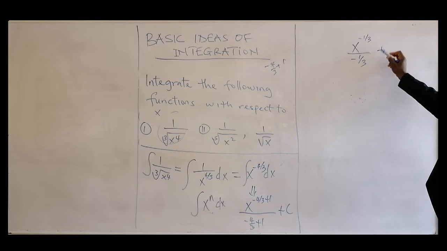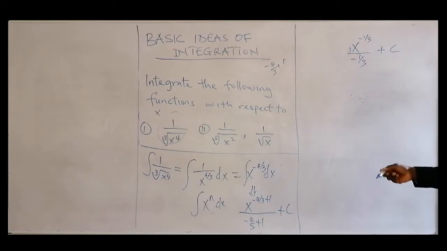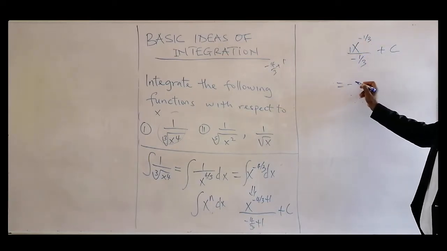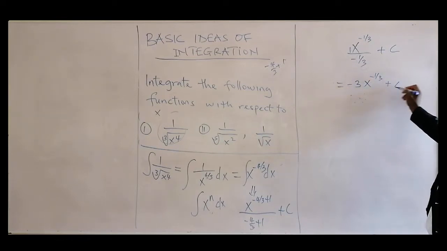Plus c. But don't forget that there is an invisible 1 here. So when you have 1 on the fraction, it's going to change it upside down, and that will give you minus 3x to the minus 1 over 3 plus c.